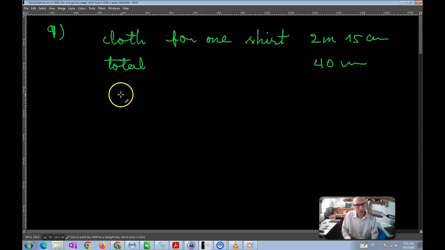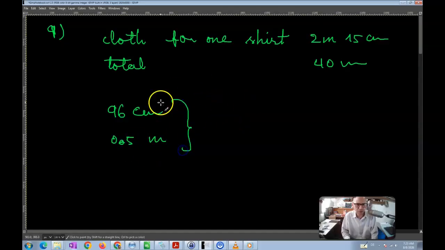For example, if I say that the length of a door is 96 centimeters, and the length of a table is 0.5 meters, what is the length of the two altogether? You might think that you can simply add the two lengths together to get the total length of the two things.